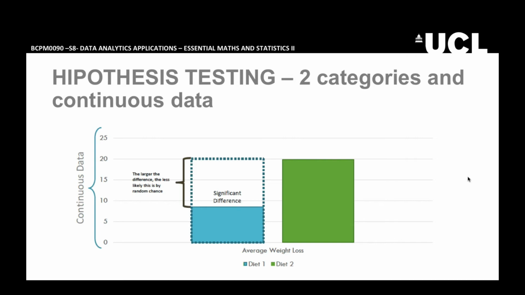The larger the difference, the less likely this is random chance. So in that case, statistically, we will show that there is a significant difference between these two groups when we are measuring a continuous variable, which is the weight loss.